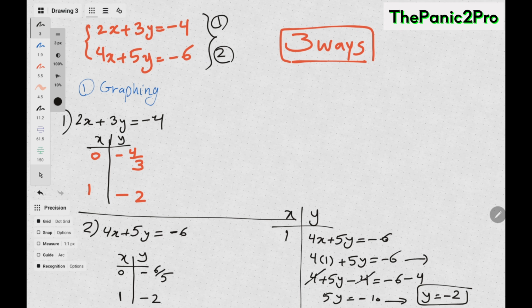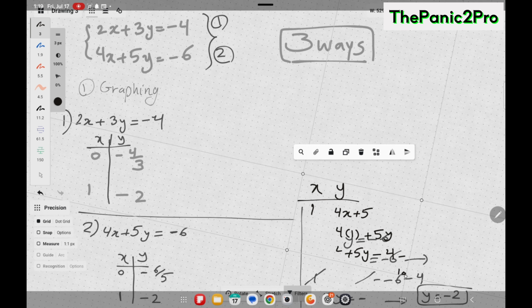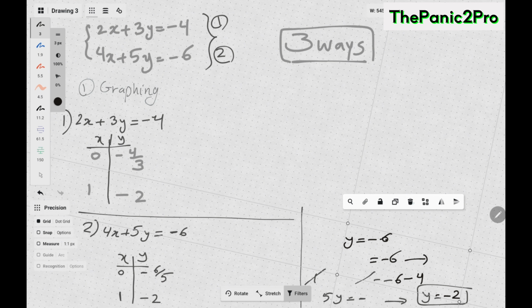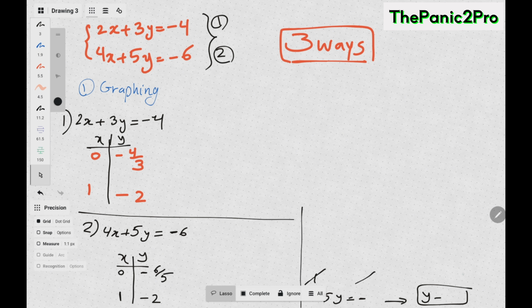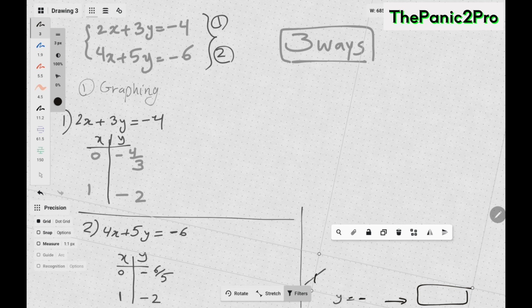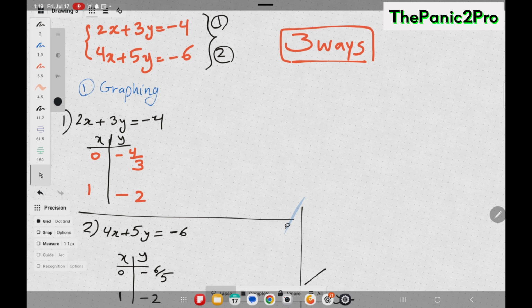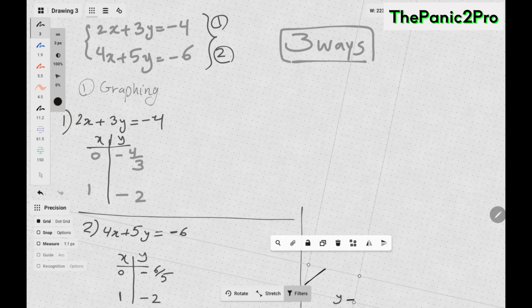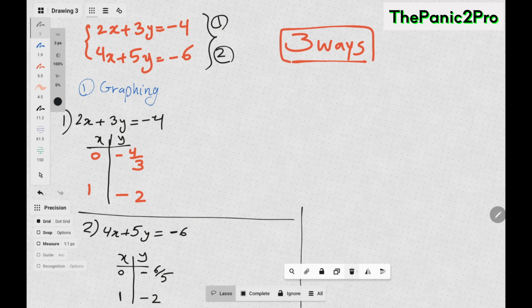Right? So if I try x as 1, y would be minus 2. Now I'm going to get rid of all this stuff. And the next step is, after finding out the pairs, we are ready to plot both lines, right? I'm going to try plotting them. Now let's plot them.